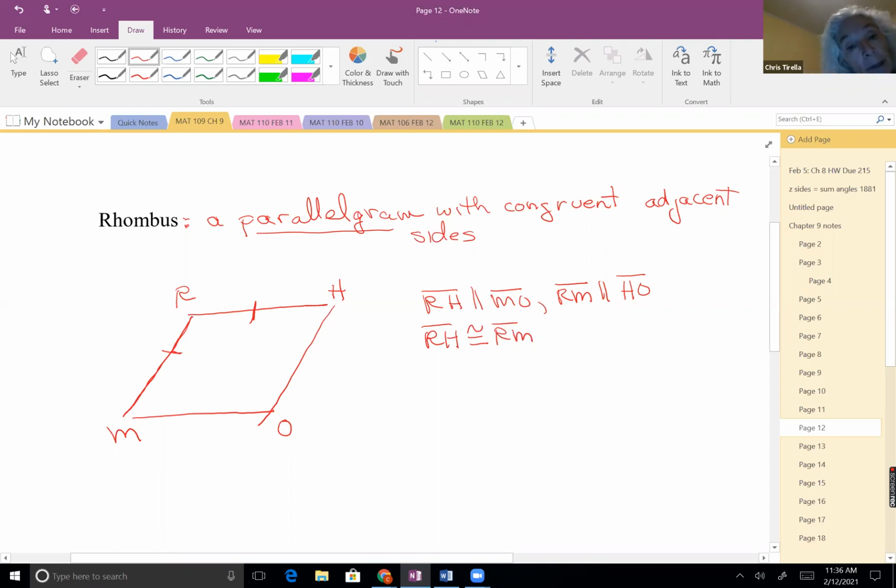But now wait a minute, because it's a parallelogram, isn't RM also congruent to HO? And isn't RH also congruent to MO? And so all four sides are the same. So it's an equilateral quadrilateral.